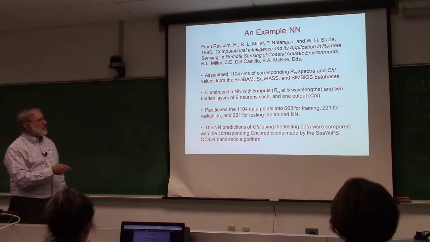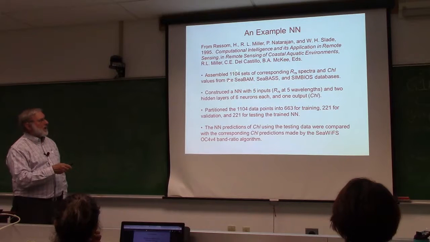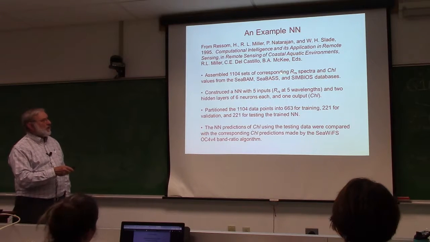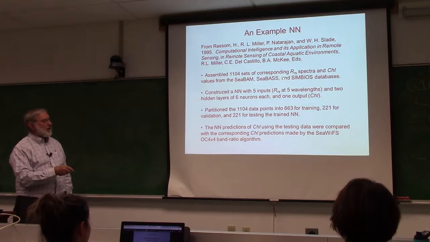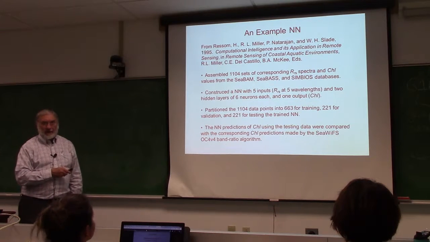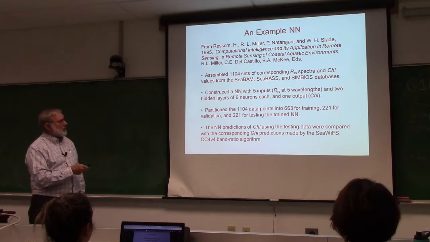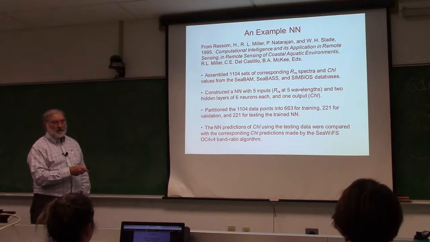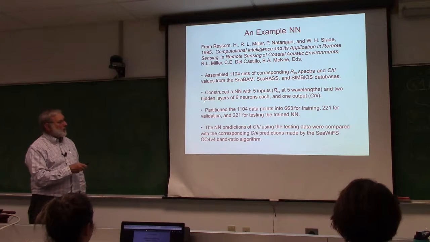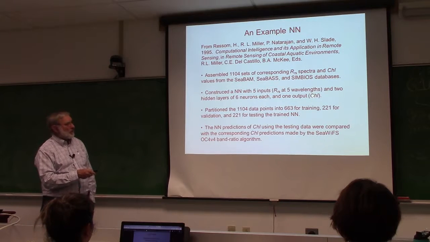So what they did is they went through these various databases. They pulled out 1,100 sets of data where they had both Rrs spectra and chlorophyll values. Then they constructed a neural network, which we'll see in a second, with 5 inputs, which were Rrs at 5 wavelengths, what are called hidden layers, and 1 output, which was the chlorophyll.